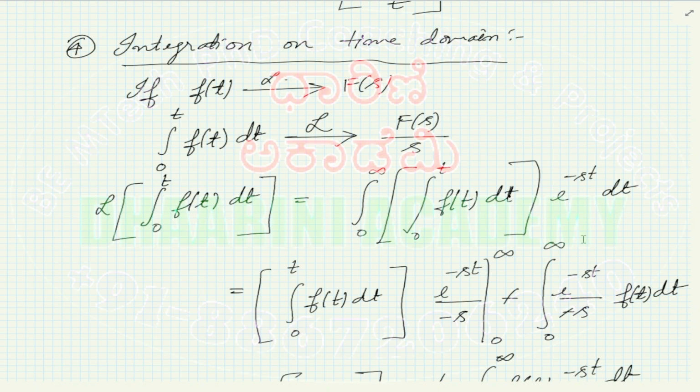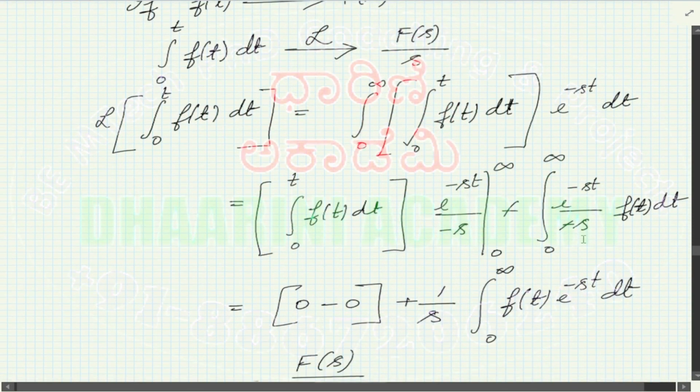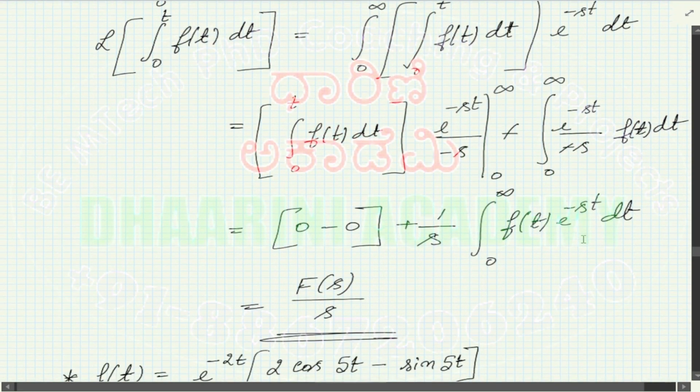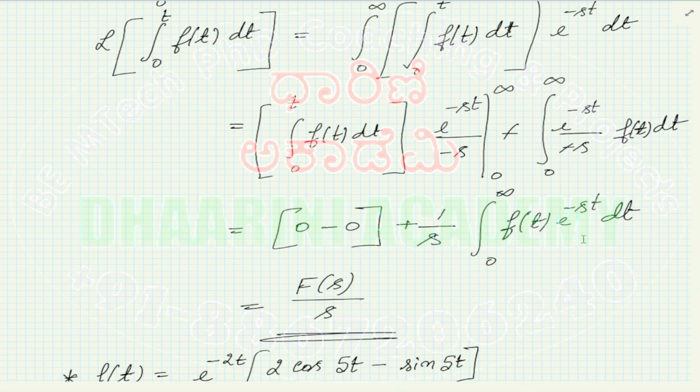It's a Laplace we are taking, so I have to do the integration once again. So integration 0 to infinity, then integration 0 to t f of t dt e to the minus st dt. Now we have two terms. First term is the integration f of t dt, and the second term is e to the minus st. Looks like a product.